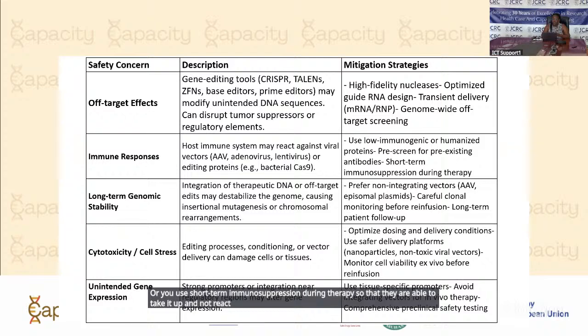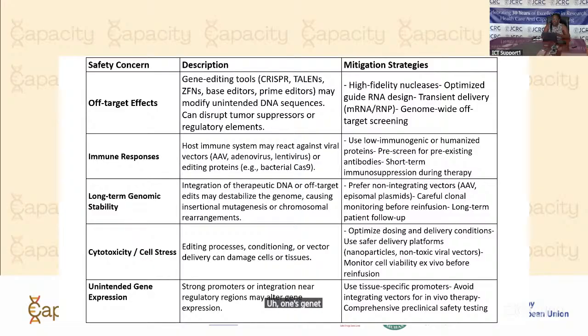Then there is always a question of what are the long-term effects on one's genetics when you use gene editing tools. So here it's preferable to use non-integrating vectors like the AAV or plasmids.